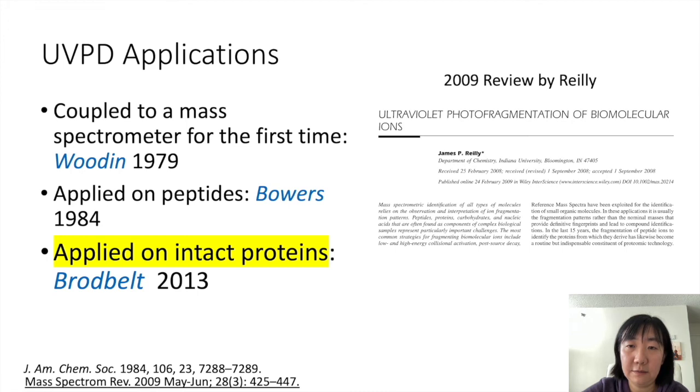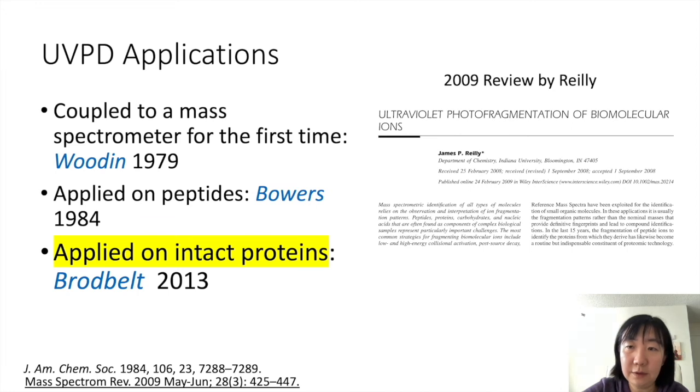In 1984, William D. Bowers and his colleagues reported that oligopeptide ions stored in an ICR analyzer cell are fragmented efficiently by UV laser radiation. He found that 193 nanometer works best for fragmentation, and it breaks C-C bonds and also C-N bonds.